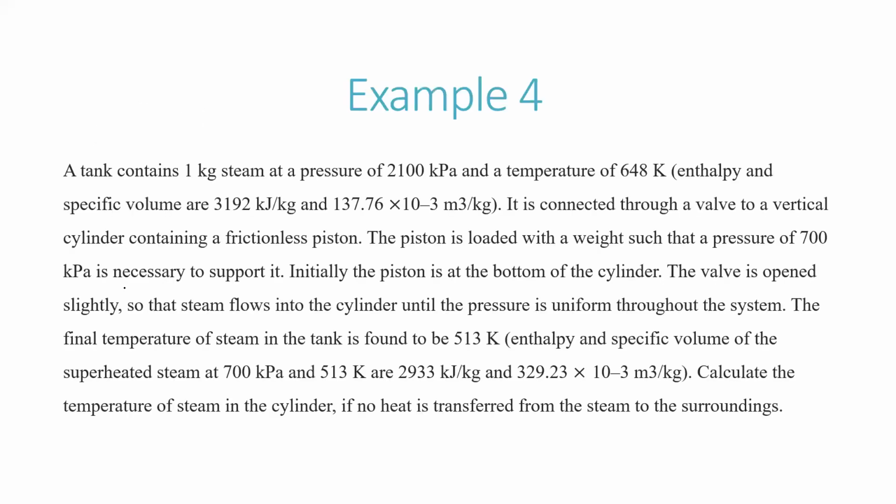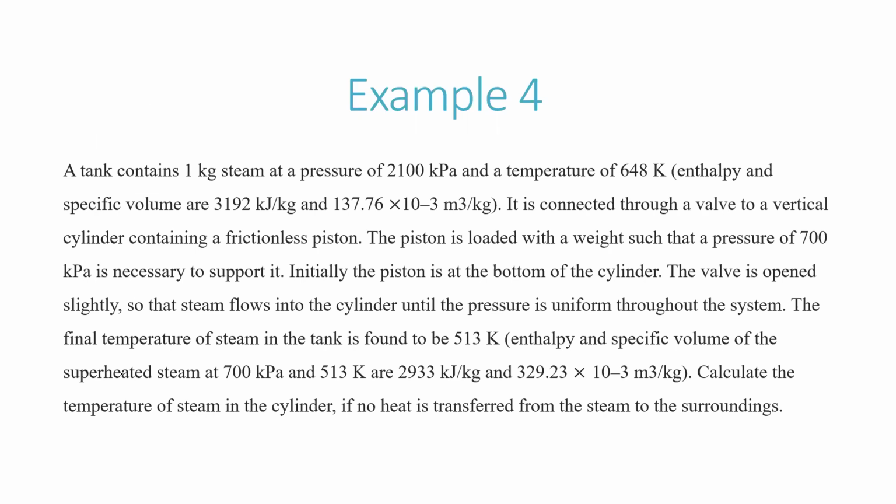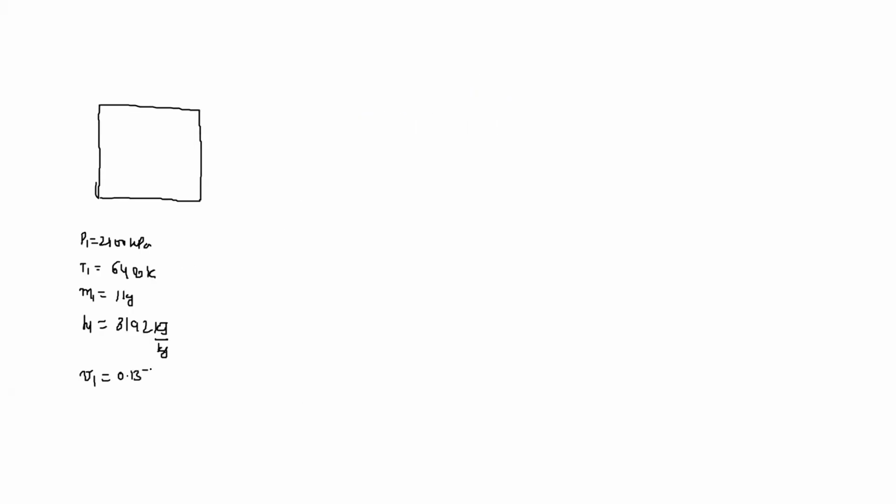Since it is a variable mass system, even mass is going to give you the state value, so 1 kg of steam. Enthalpy and specific volume they have given. Enthalpy is 3192 kilojoule per kg and specific volume is 0.13776. From enthalpy and specific volume we can also calculate the internal energy.